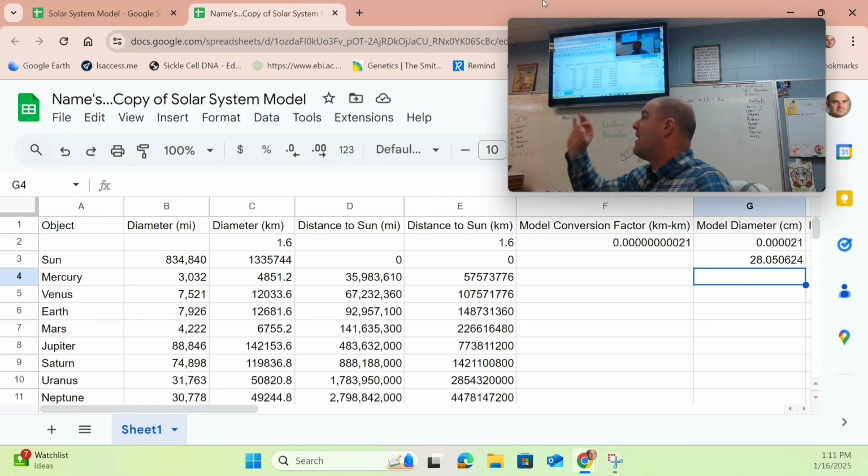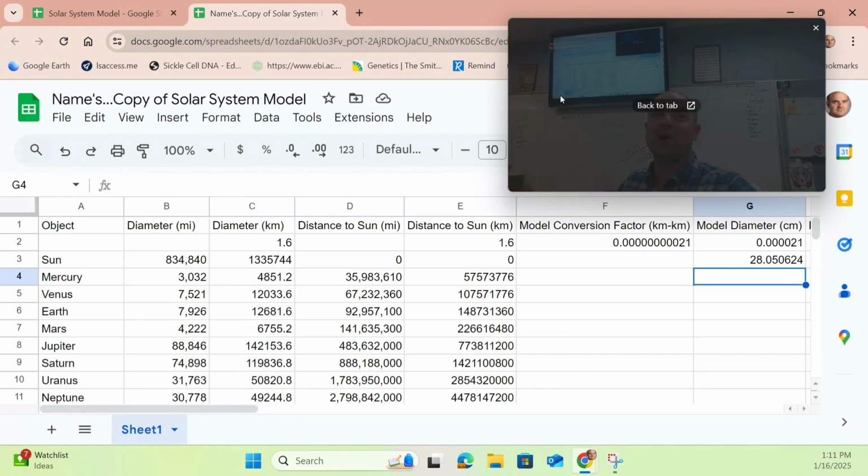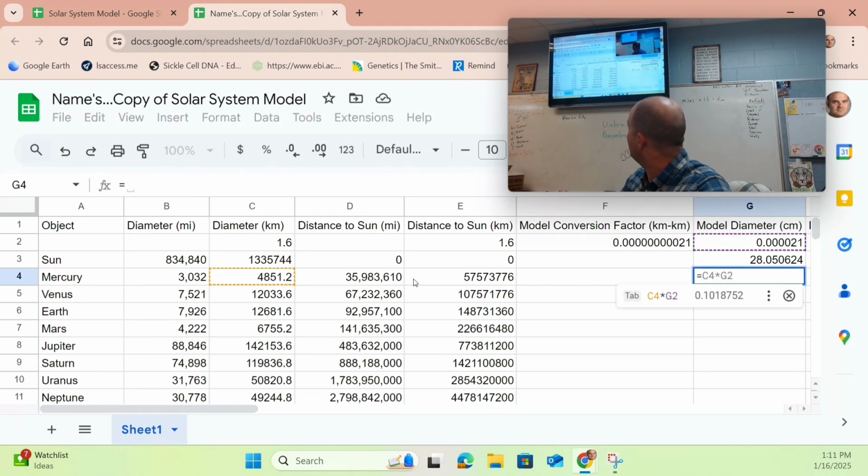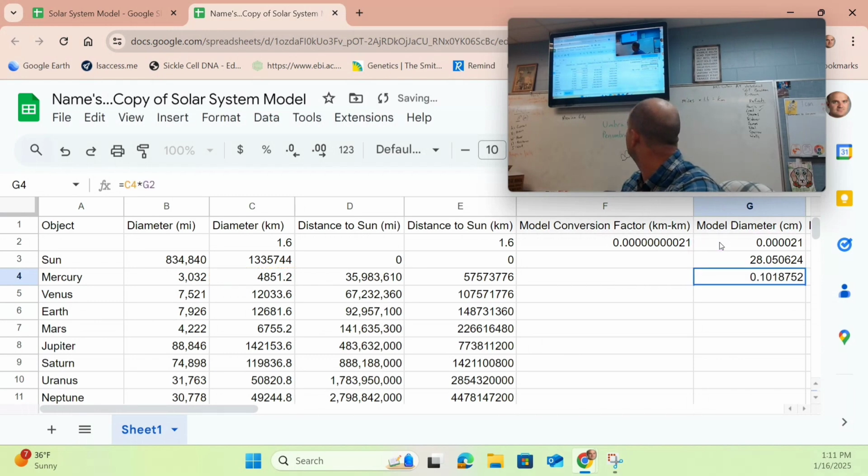All right, so again, be careful. It's done this anomalous thing where it'll try to jump to the wrong box. So I'm going to verify. I hit equals. I'm verifying it's going to the diameter in kilometers. Good. And then it's also wanting to multiply by our fancy conversion factor. Perfect. Every time I'm going to make sure it's going to the right boxes.